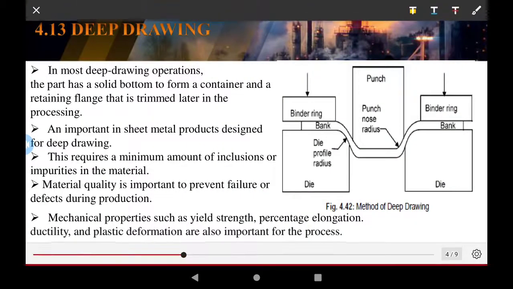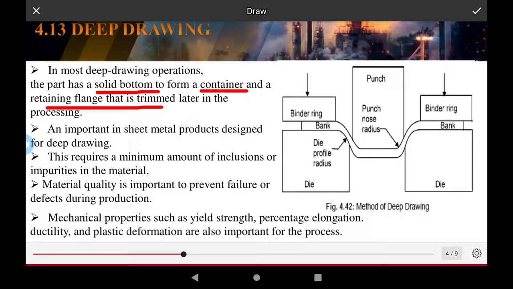The deep drawing operation. In this method the solid bottom and the containers retain the flat shape.